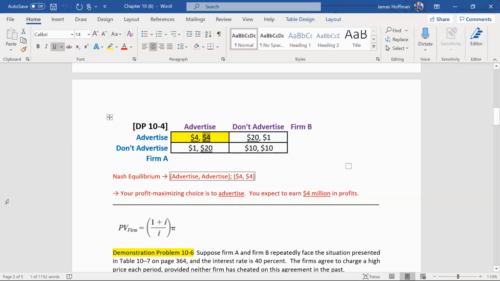If firm A doesn't advertise, firm B can advertise and get 20, or don't advertise and get 10. Okay, so we know what firm B would do there is advertise. So given the analysis, both firms have a dominant strategy of advertise, so that's what's going to happen.